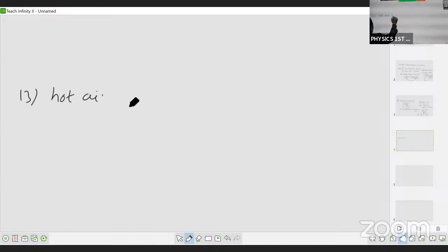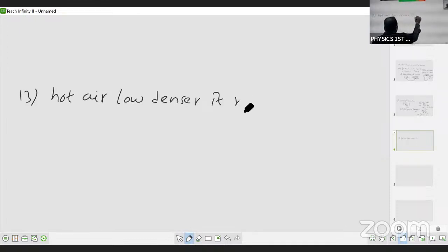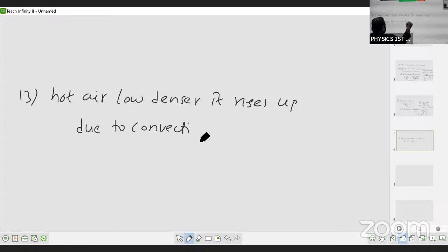Why are ventilators provided in the rooms just below the roof? Hot air is obviously low denser. So we are writing, question number 13: hot air, low denser, rises up due to convection. This answer is enough. Due to convection, because there are total three modes in transfer of heat. Heat transfers between substances in three ways.